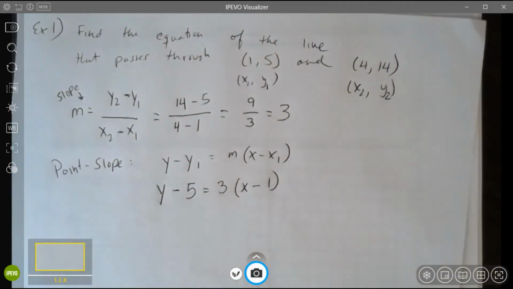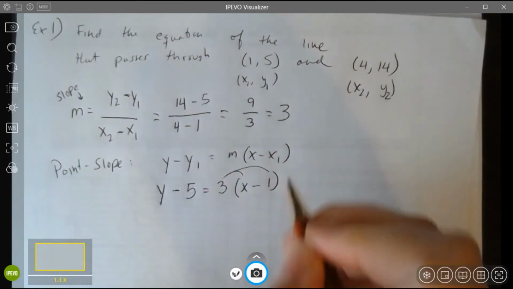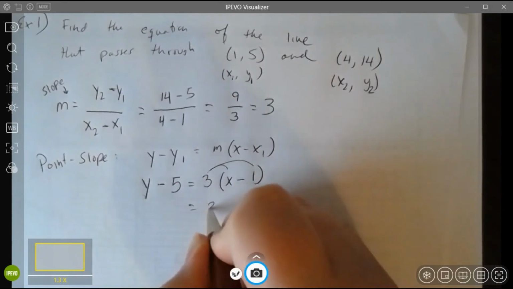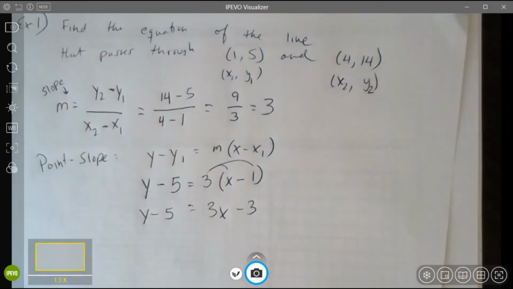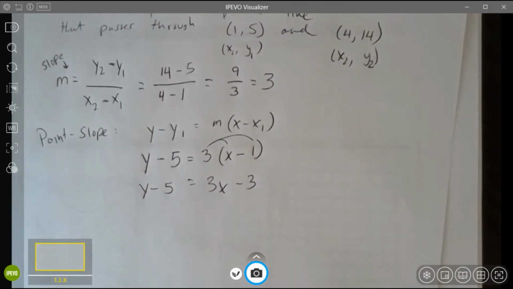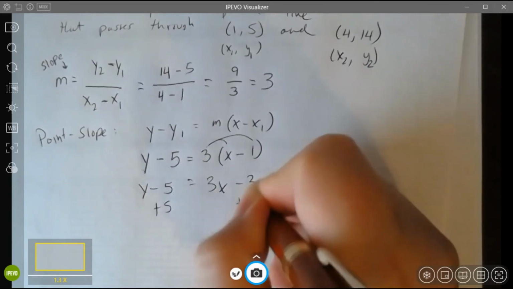So this is point slope form. We want it to be in slope intercept form. So we want y equals mx plus b. So the next thing we're going to do is distribute the 3. So this gets me 3x minus 3 equals y minus 5. And then just to get y by itself, we're going to add 5 to both sides.